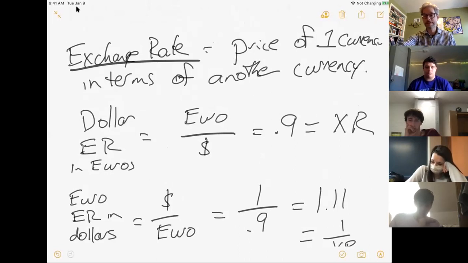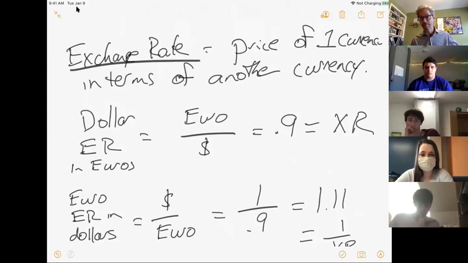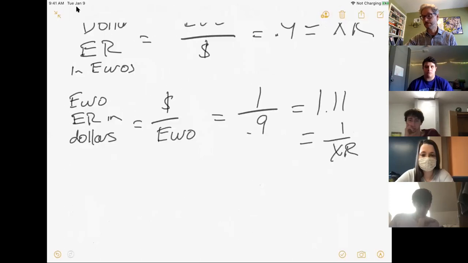There's really nothing particularly distinct about exchange rates. Just like cars have prices and tables have prices, currency has prices in terms of another currency. And so really, to understand exchange rates, all you have to do is apply supply and demand.